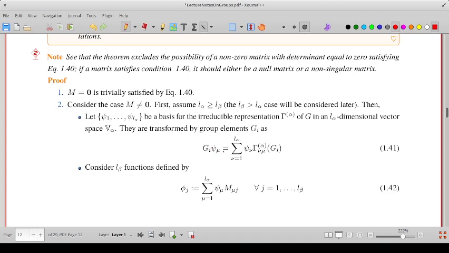Gi acting on psi mu will be the linear combination given by psi nu times gamma alpha nu mu of Gi, with summation over nu running from 1 to L alpha. Remember, since this corresponds to the gamma alpha representation, the matrices that define this linear combination are gamma alphas.